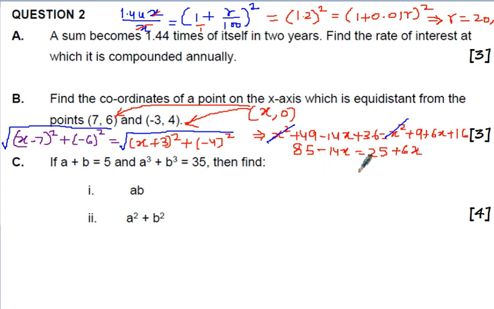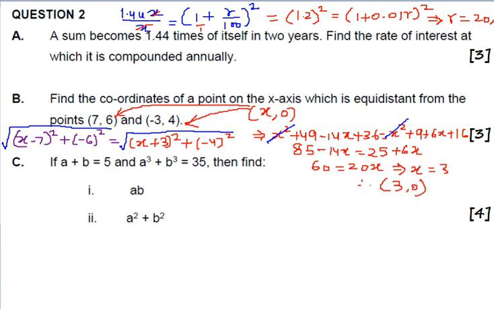So 14x you can send this side, 25 you bring this side, so 60 is 20x, and your x comes 3, so therefore the coordinates will be 3, 0, because the point is on the x-axis, so y will be 0.